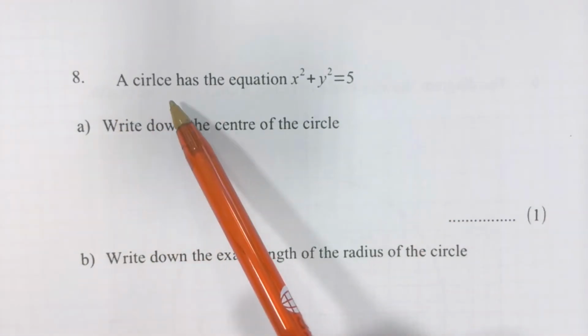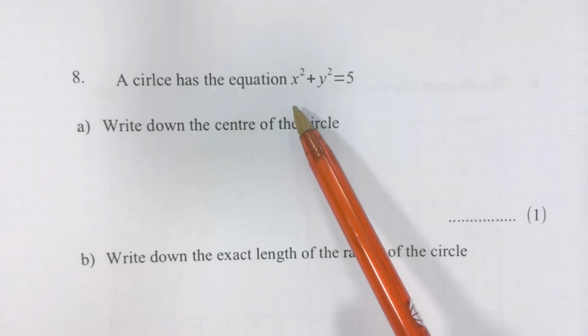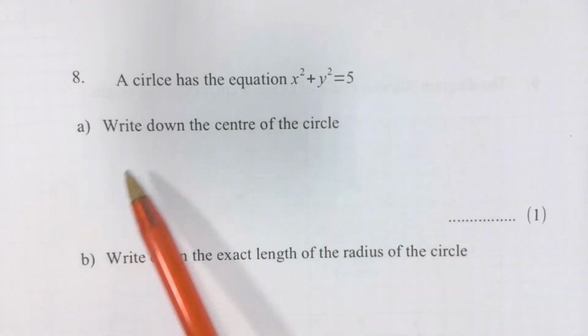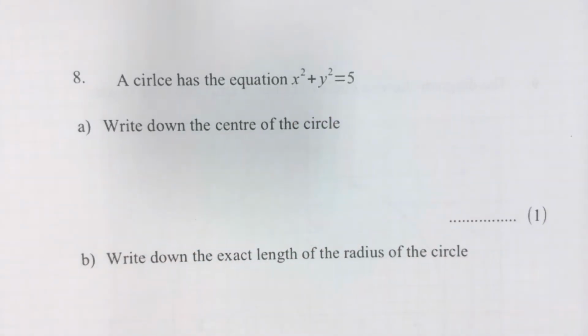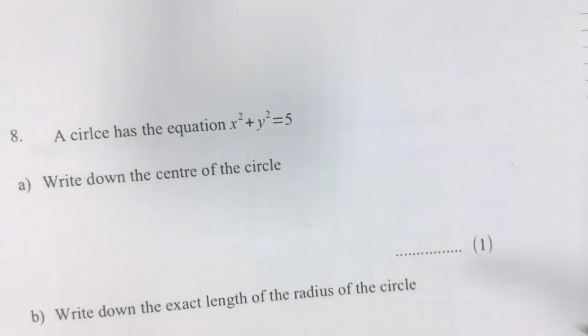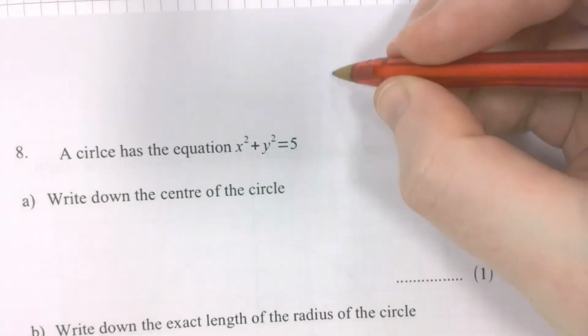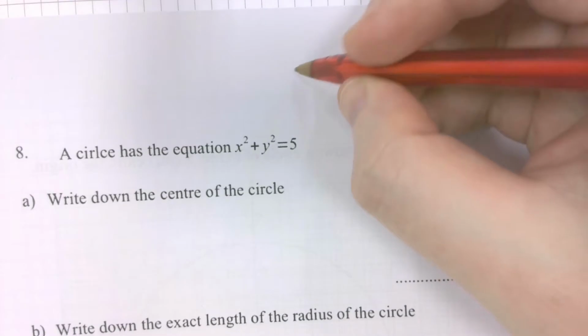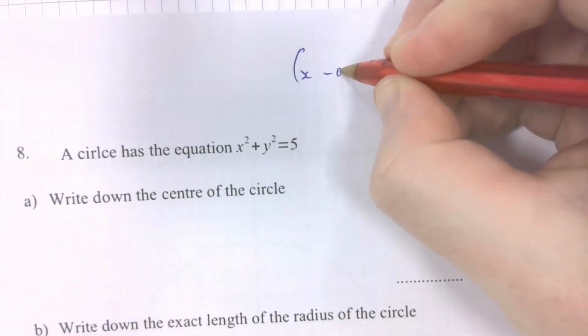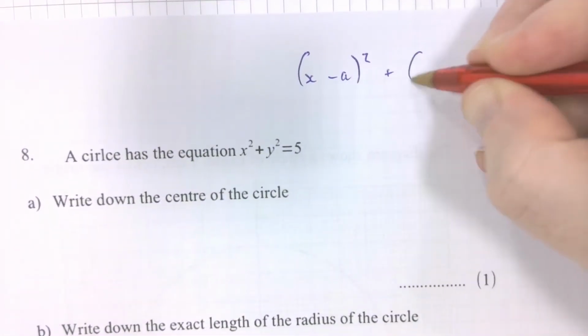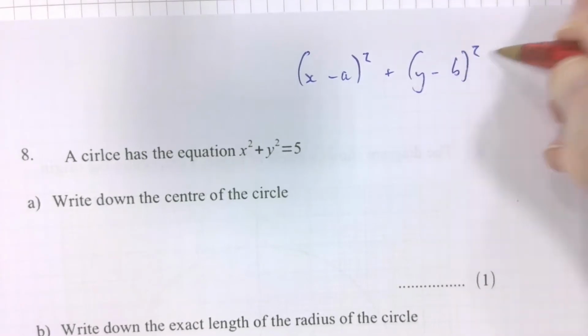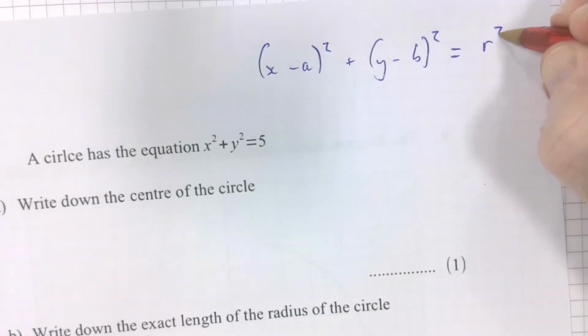A circle has the equation x squared plus y squared equals 5. Write down the centre of the circle. Just to catch you up with the vague idea here, the general form for a circle equation is x minus a squared plus y minus b squared equals r squared.